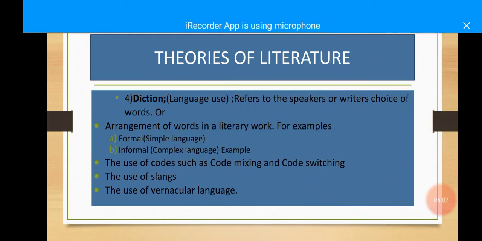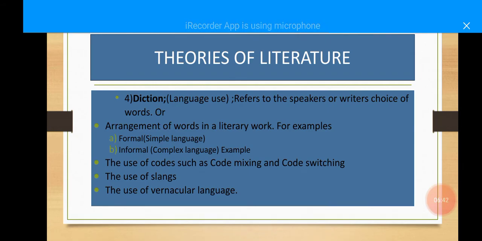Another part of form is diction. Diction or language use refers to the speaker's or writer's choice of words, or the arrangement of words in a literary work. For instance, the arrangement of words in a literary work may be formal, sometimes called simple language. Sometimes it can also be informal or complex language.